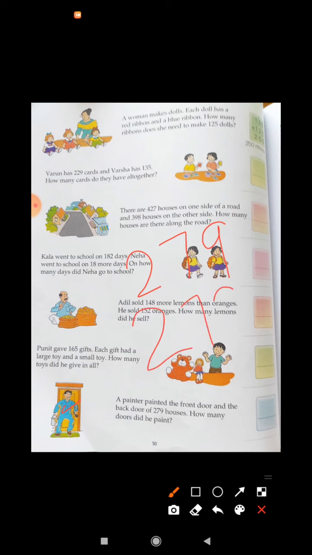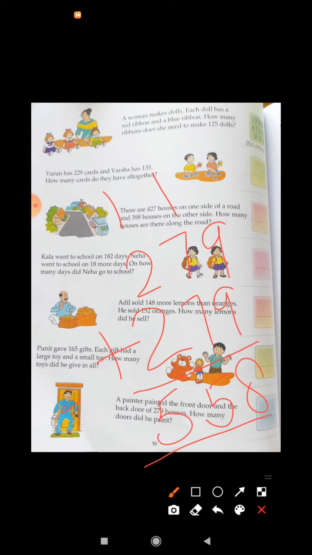He painted back doors also, that is also 279. Now add together. 9 plus 9 is 18. 1 carry. Now add the tens, it is 15. Write 5 here, 1 carry, and here will be 5 when you add the hundreds. Now the answer is 558 doors he painted.